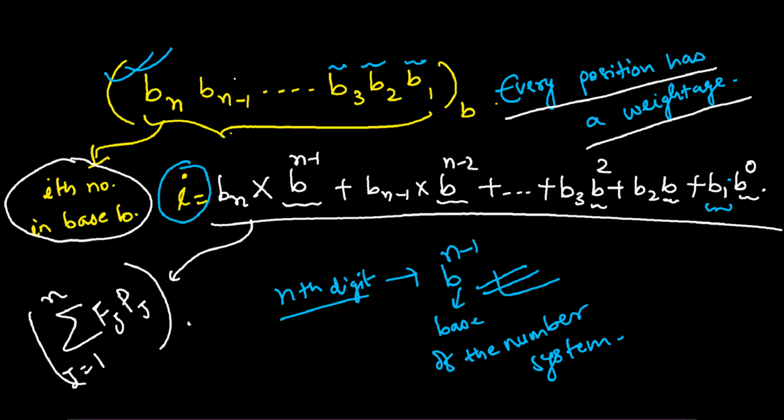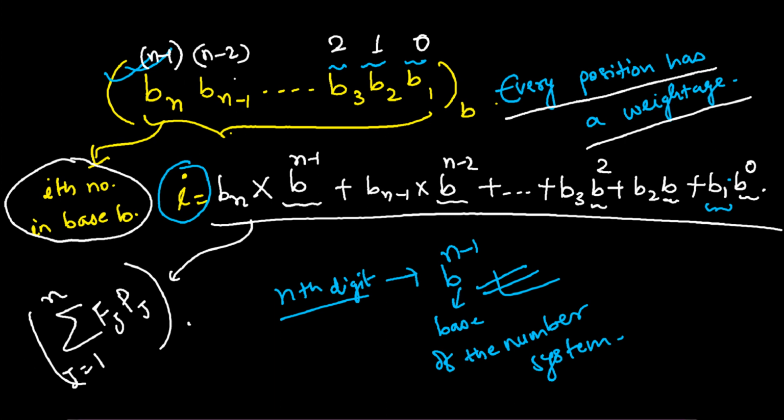We tried to find out how to calculate this I, and we got that each position in any base has a weightage, and the weighted sum will give you the value of I.